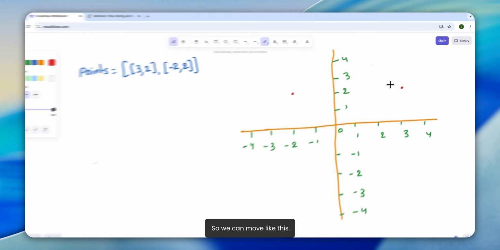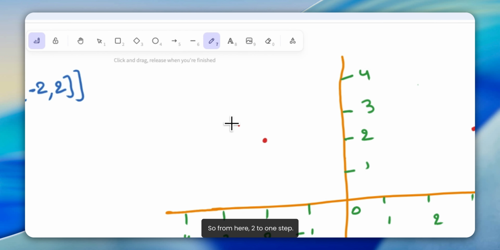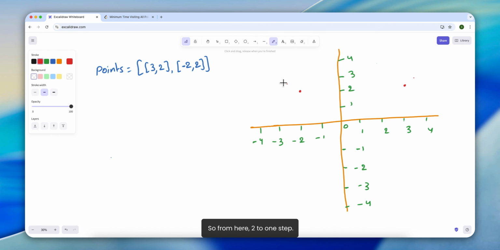So now we want to move from point A to point B. In this case, we can't take diagonal steps because both are on the same horizontal line. So we can move like this.